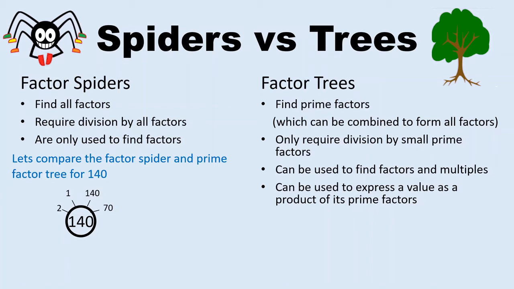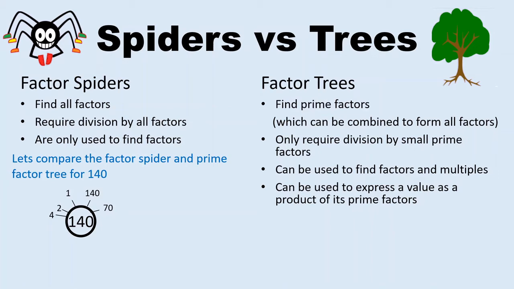So we see the smaller factors are on the left-hand side, and we're working our way around, and our bigger factors are on our right-hand side, working our way around. The next smallest factor, 1, 2, we should try 3, but 140 does not divide by 3. So what's the next number that 140 does divide by? Does 140 divide by 4?